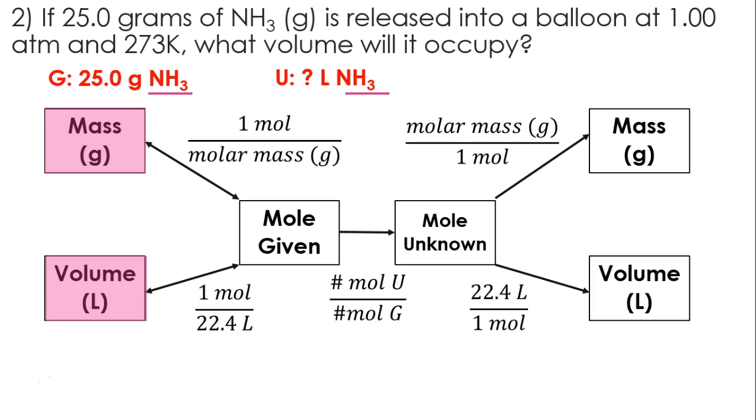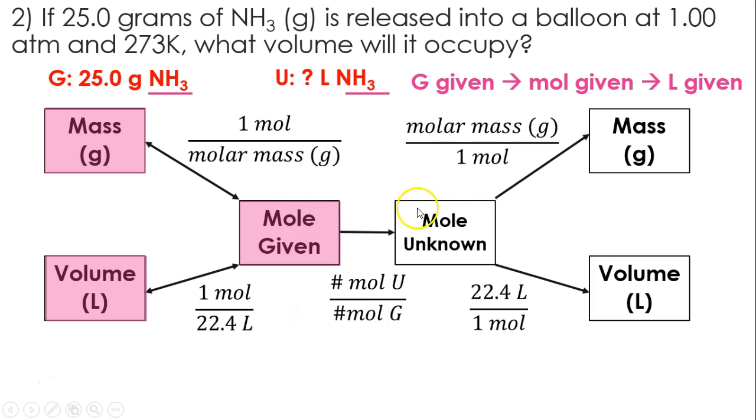So I'm going to end up here on this side because it's still liters of the given. So we would go from grams of the given to moles of the given to liters of the given. The substance hasn't changed. We didn't need to cross this mole bridge here from one substance to a different substance. In order to do this, we'd have to want to find a different substance.